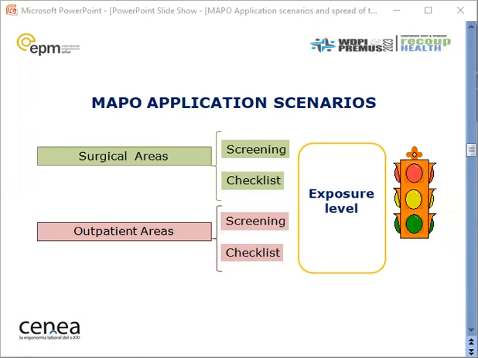In all cases, there is a first estimation or screening phase and an assessment phase, following the same assessment logic as hospital wards and nursing homes. It allows us to assess the risk based on the level of exposure and frequency of handling tasks.